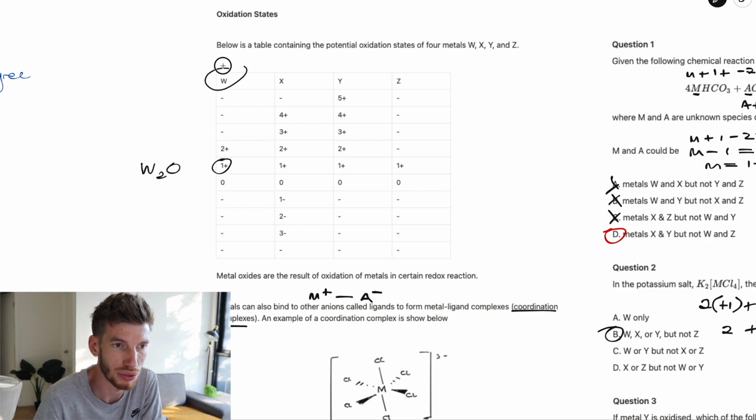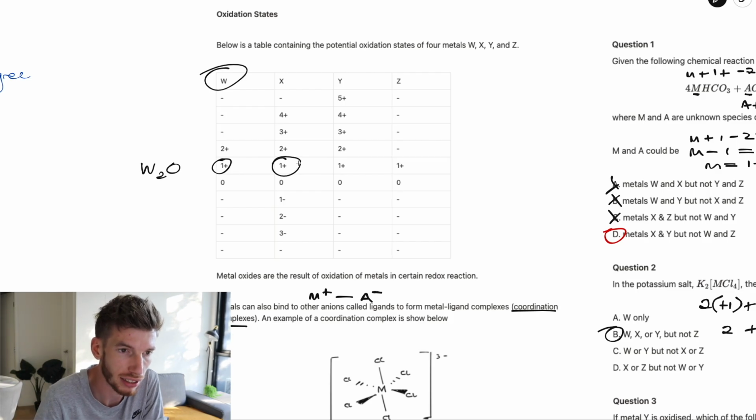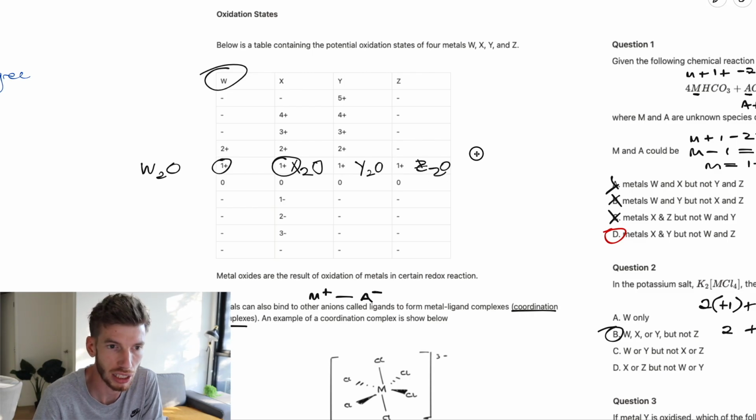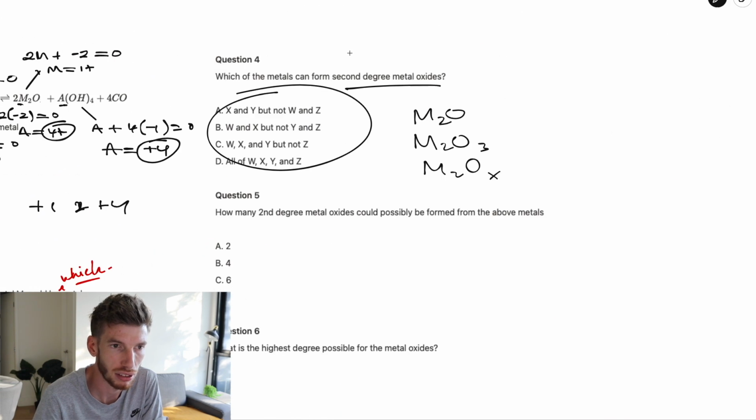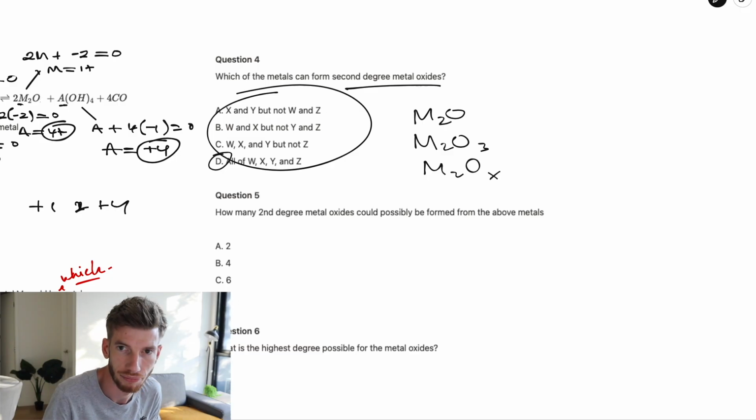So therefore W can form a second degree, right? I don't even have to test its 2+ state. If I look at X, then you can start to see it's actually just down to the +1 in this case. Every time in these states, they would always form a second degree, like this. So immediately, that just means double check which of them can form a second degree. All of them can, from a specific oxidation state.